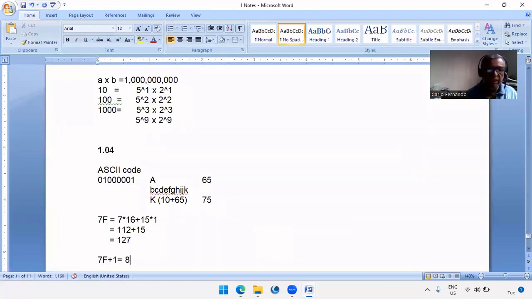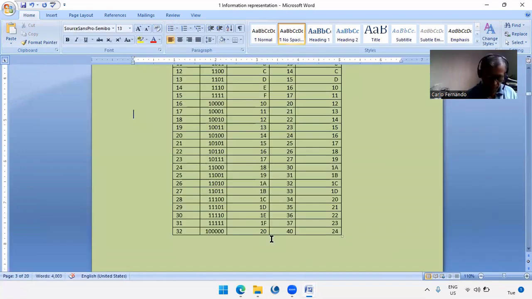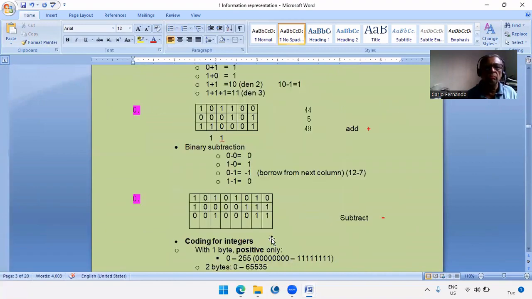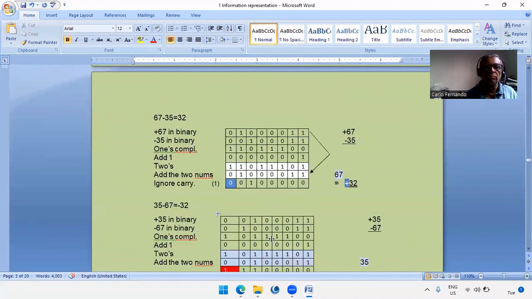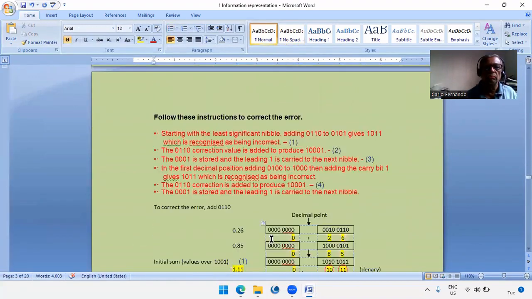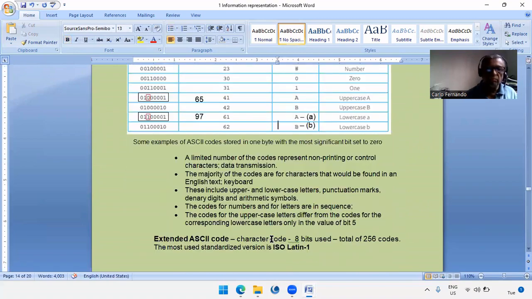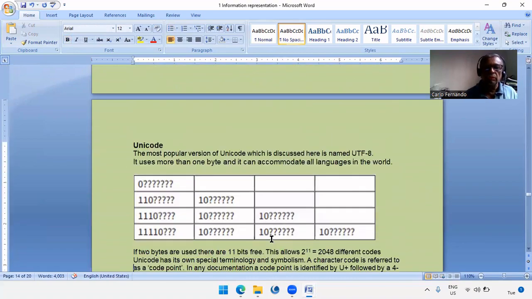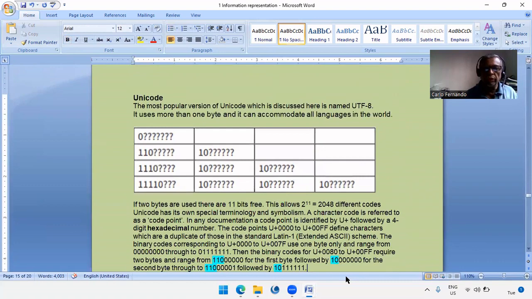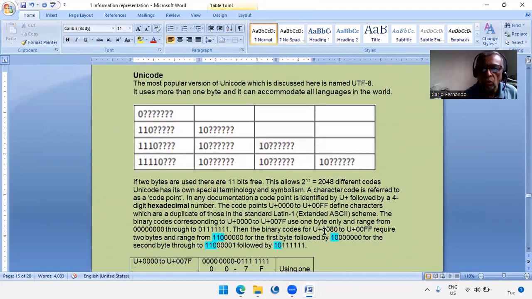So there is 8. 80 to the balance part of the code, up to 00FF.